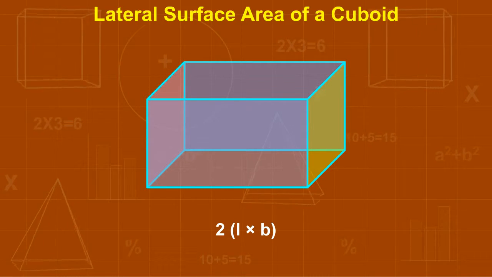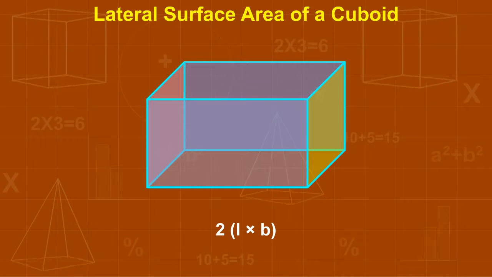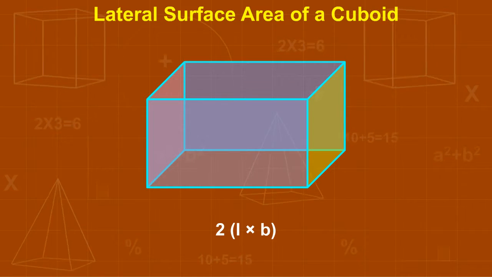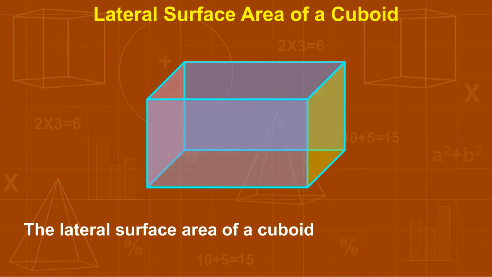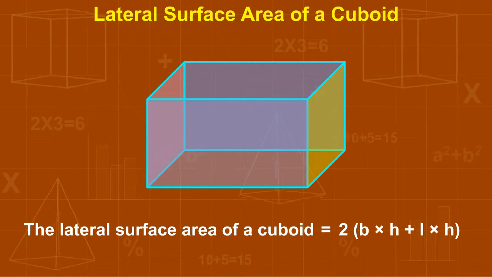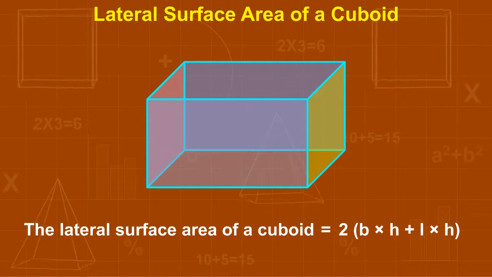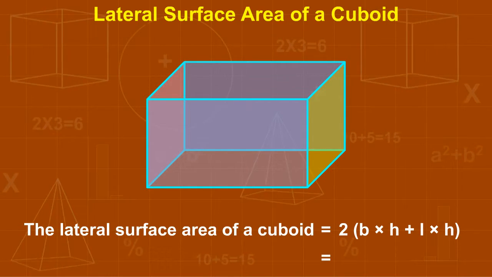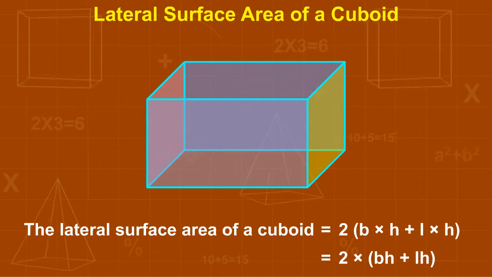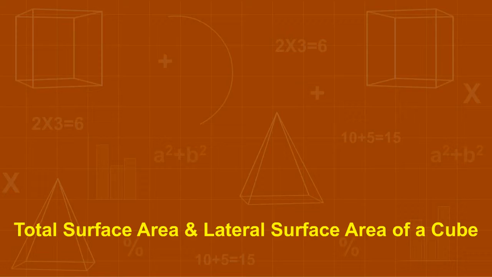So we exclude 2 times length into breadth from the total surface area. Thus, the lateral surface area of a cuboid is equal to 2(BH + LH).